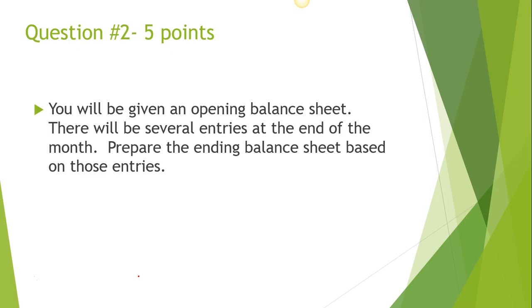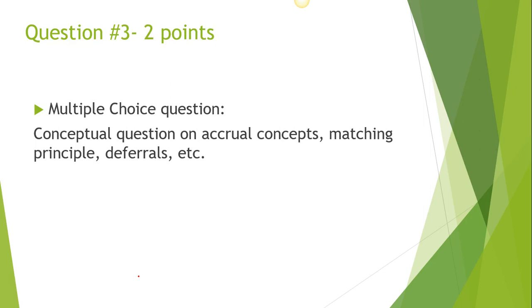So what they want you to do is prepare an ending balance sheet. There's nothing fancy with this. And that's why I gave you the project before the midterm, so that you get some practice on doing this whole series of entries and preparing the financial statements. Because this test is really just extracting some key elements from that project that you're going to be doing.